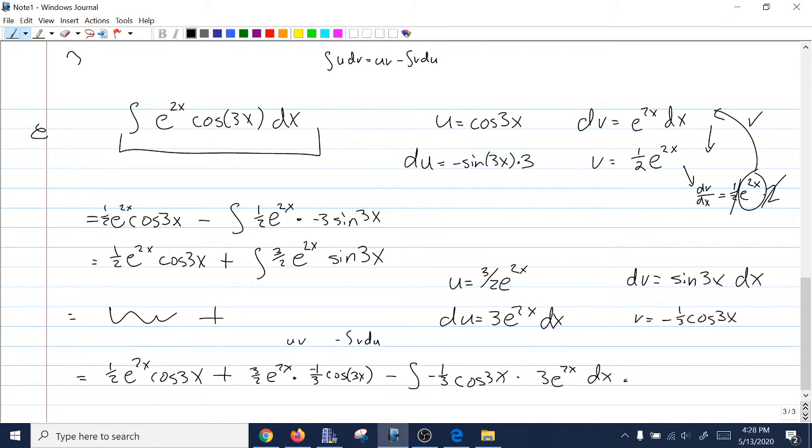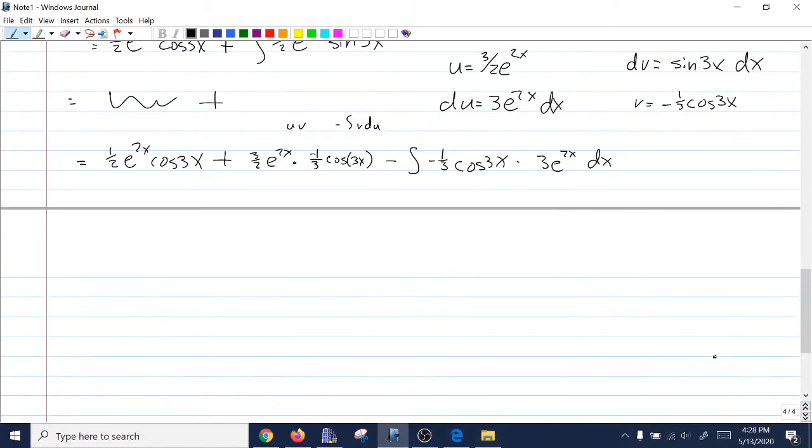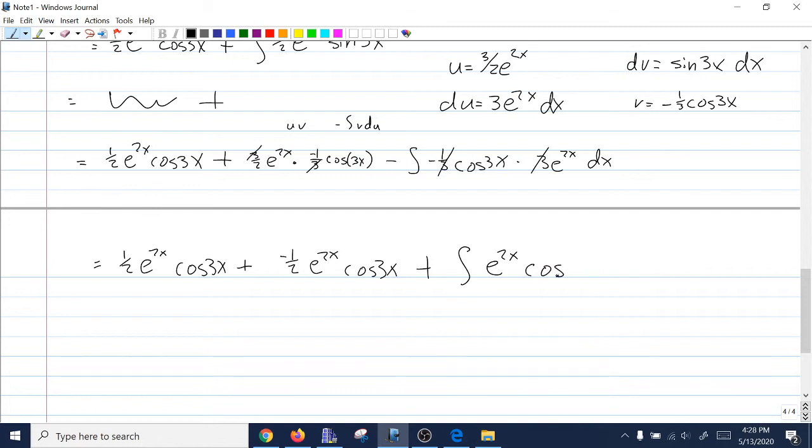So, what is my new integral? I get 1/2 e to the 2x cosine 3x plus the 3 and the 3 cancel. I get negative 1/2 e to the 2x cosine 3x minus minus makes plus, the 1/3 and the 3 cancel, integral of e to the 2x cosine 3x dx.